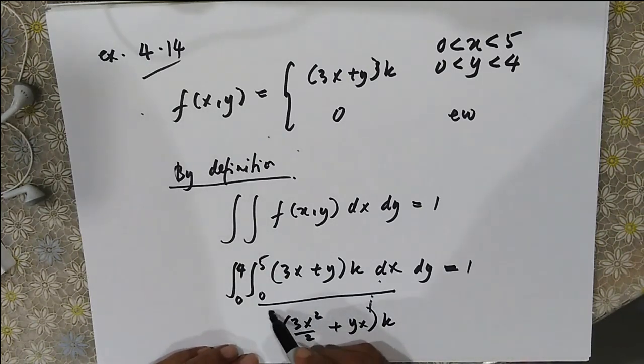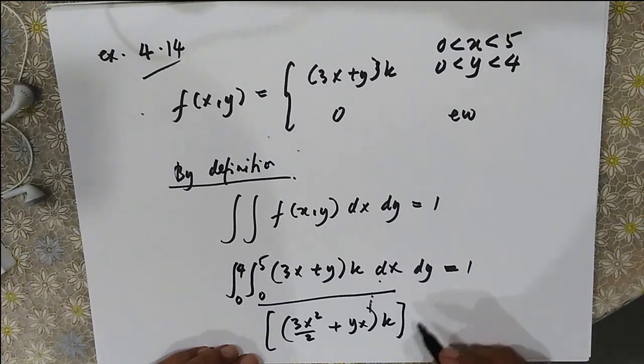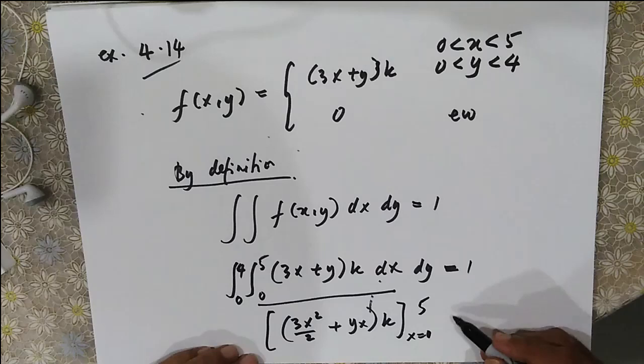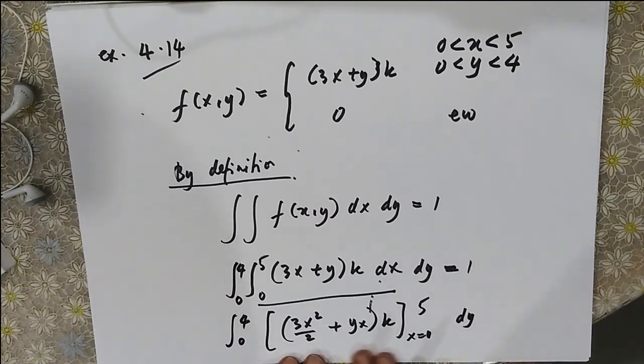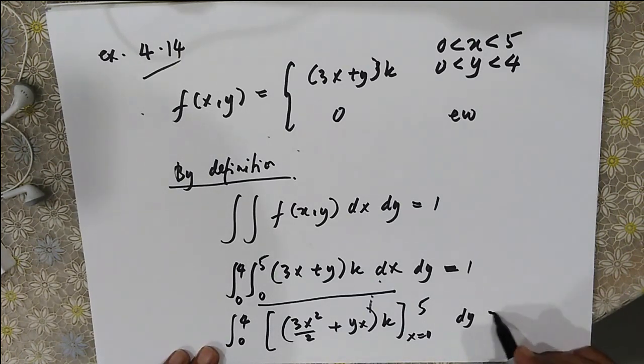So substitute for x from 0 to 5. And don't forget to put dy here. So we have to integrate another part here, 0 to 4. So the inside here is an integration of x and the outer part here is the integration of y.